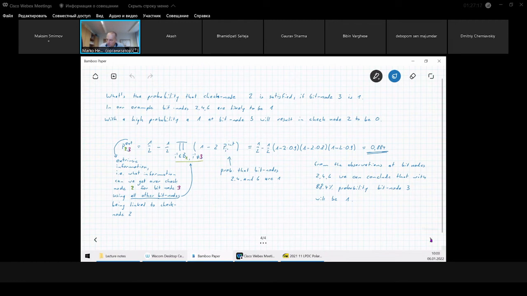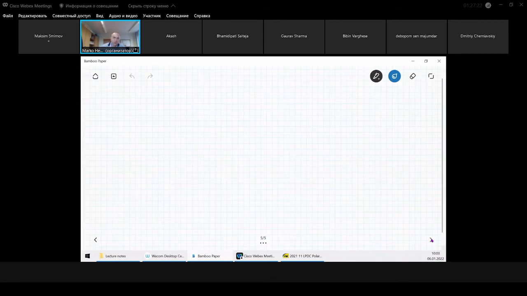So this will be, again, a bit tedious writing down equations, but we will see at the end it will be useful. So typically, LLRs are used instead of probabilities.